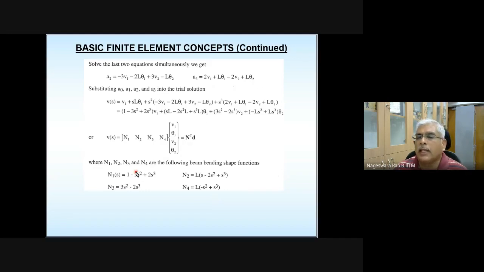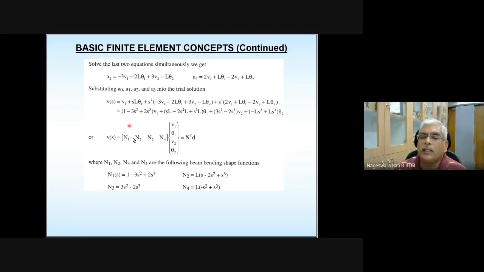Similarly, here the same property has to be satisfied by N1 and N3, because N1 is for transverse displacement at node 1 and N3 is for transverse displacement at node 2. So N1 is going to be 1 at node 1 and 0 at node 2.